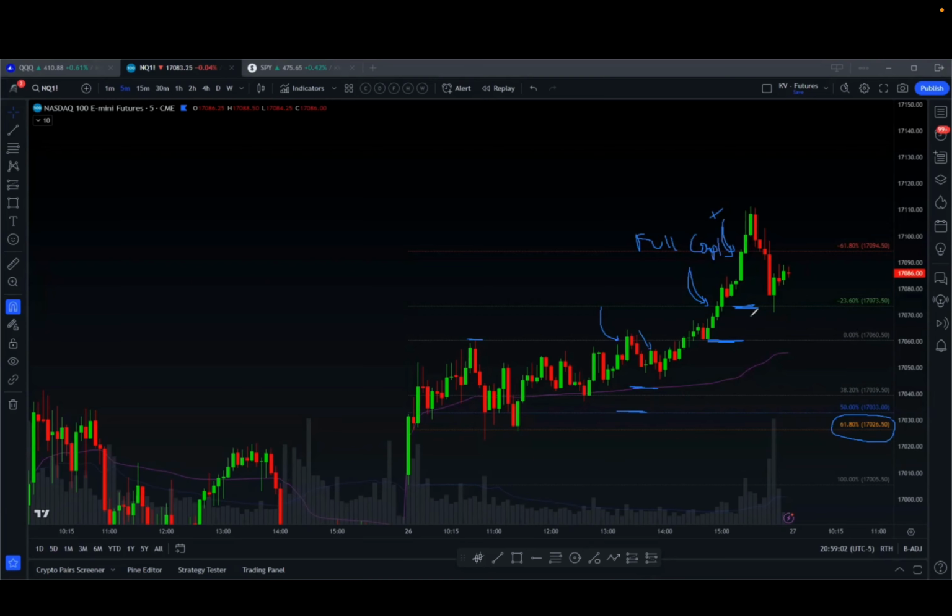I really like the scaling out system, guys, just like we've talked about it through options as well. I'm more of the person that likes to scale out rather than scaling in. I'd rather find the perfect entry, right? I mean, there's no such thing as a perfect entry, but finding an entry that I'm waiting for and it has all the indications that I'm looking for.